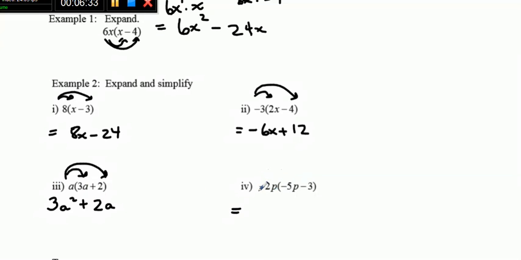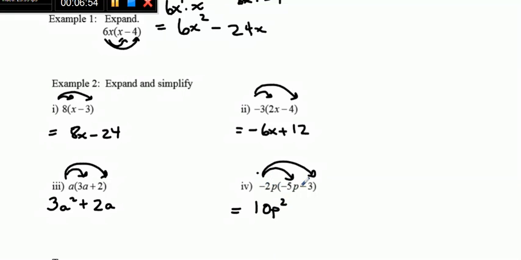So we've got all of this, minus 2 and p, all being multiplied by whatever's inside the brackets. So let's see. Minus 2 times p times minus 5p is minus 2 times minus 5, which is positive 10, and p times p, which is p squared. So that's the first term.